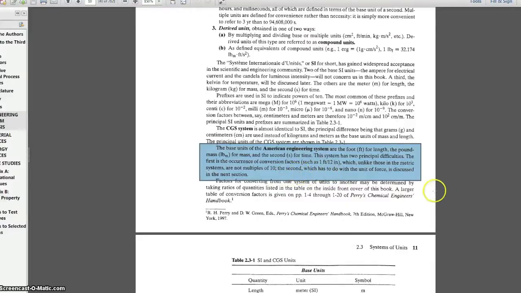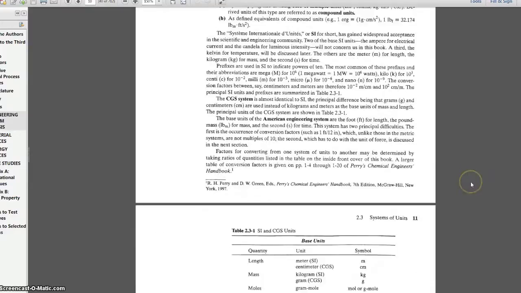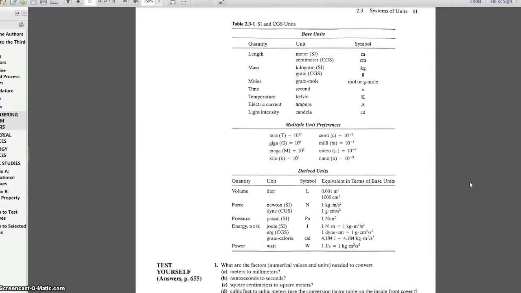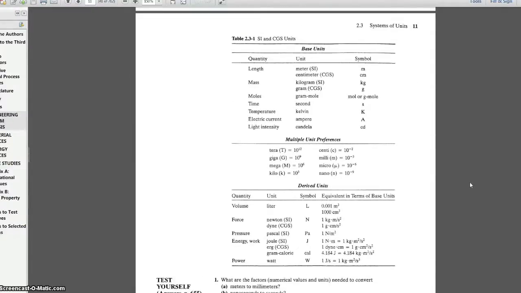Yeah, so that's the three different parts, which are the SI unit, CGS system, and American engineering system. And you can see on page 11 that gives the base units and derived units.